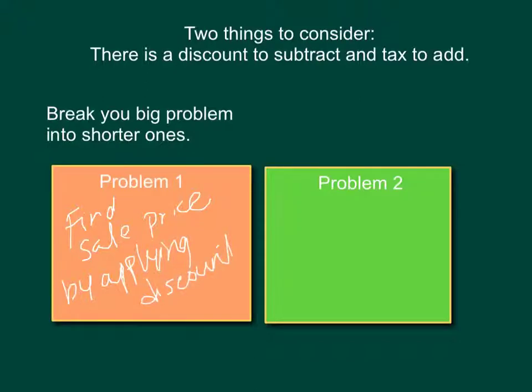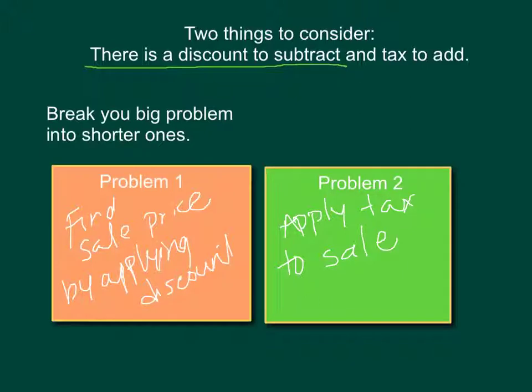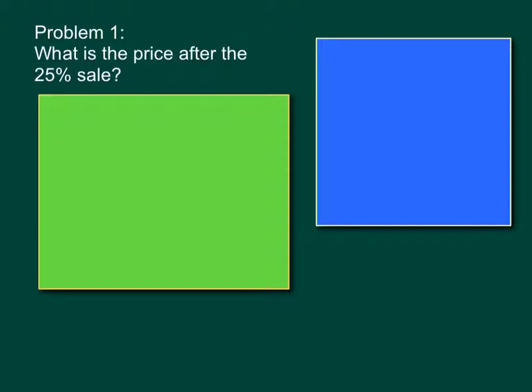And we remember that since there's the discount, we're going to subtract from the original price in that instance. The second problem is to apply tax. So we need to find out what that tax amount is before we can apply it. Apply tax to, we'll say sale price, because in this case, we'll have a sale price.